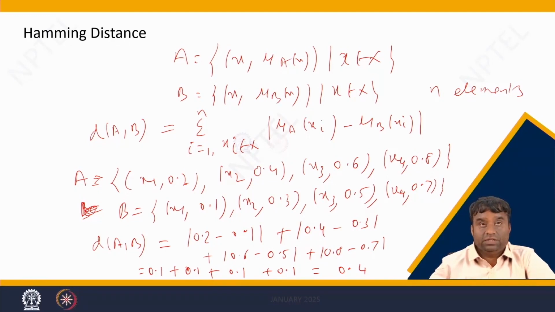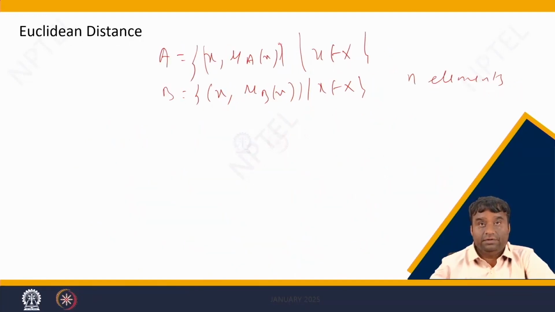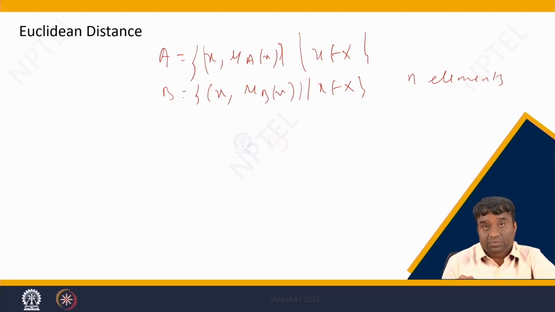Now next one is the Euclidean distance. Here also A is a fuzzy set and B is a fuzzy set, and they also have n elements.